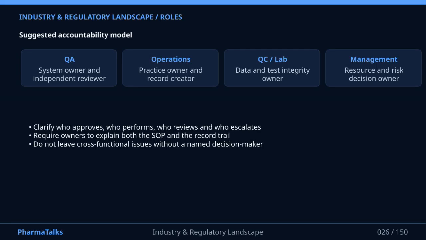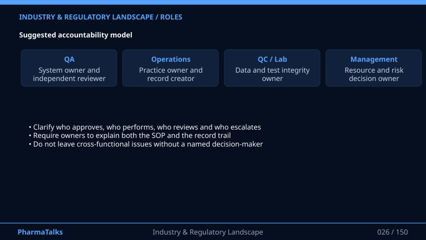Here, we're looking at a suggested accountability model for the industry and regulatory landscape, focusing on the roles involved. This model clarifies the responsibilities across different functions to ensure smooth operations and compliance. Quality assurance, or QA, acts as a system owner and independent reviewer, maintaining oversight and ensuring processes meet the required standards.